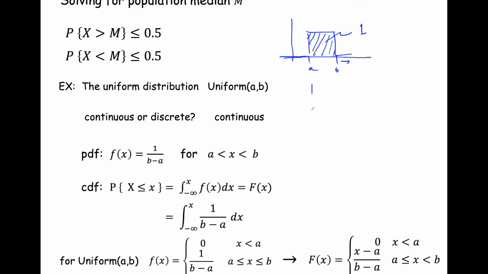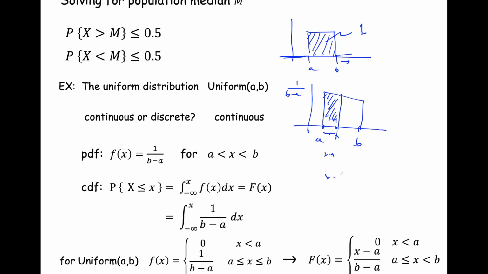And you can think of that expression as just the area of that rectangular region between a and x. And so if the height here is 1 over b minus a, that's the probability. If you want the area of this rectangle, that's height times width. The width is x minus a, that's this length, and then the height is 1 over b minus a.